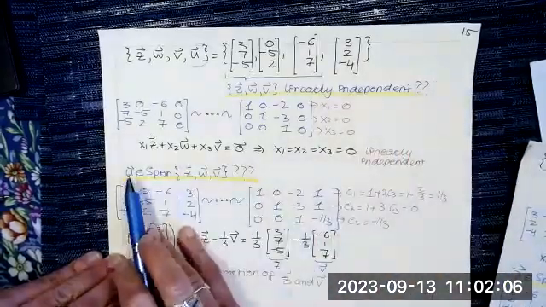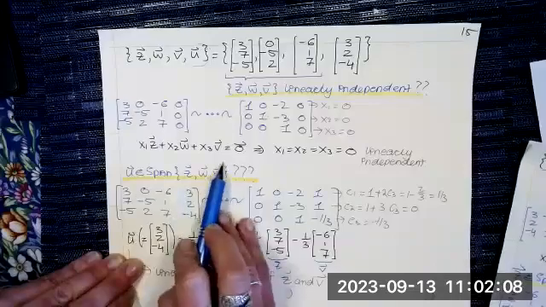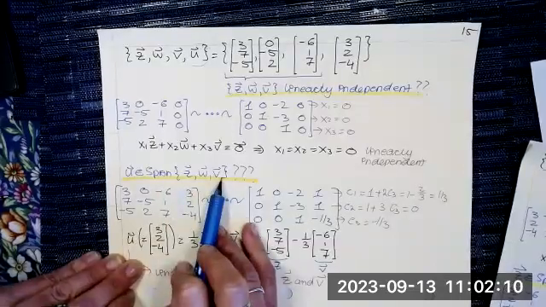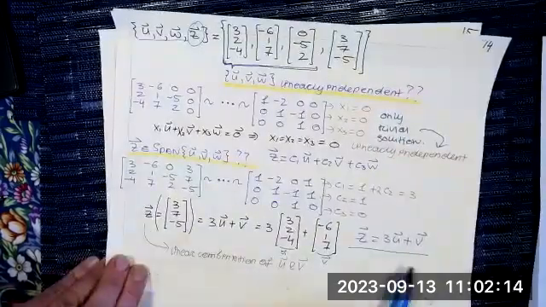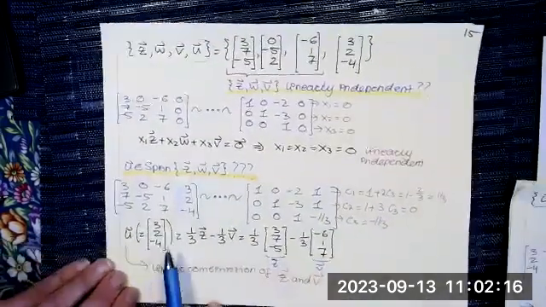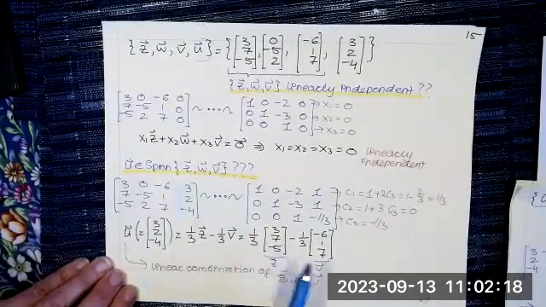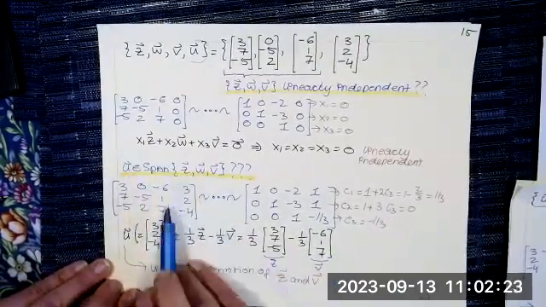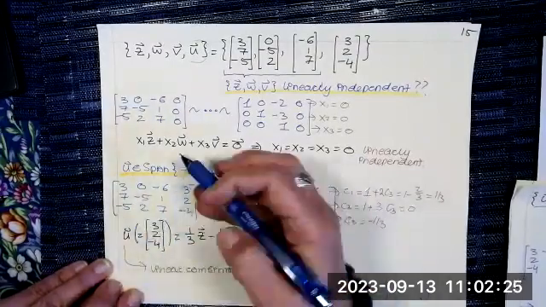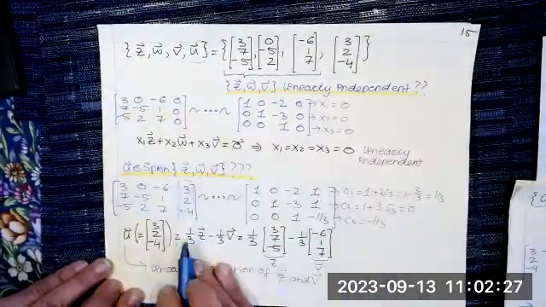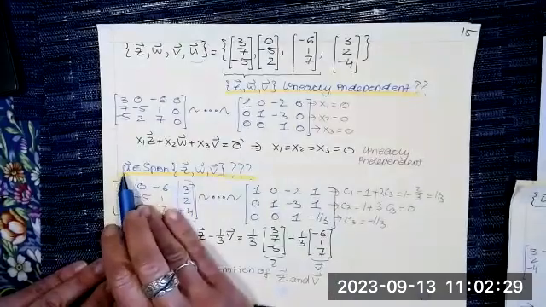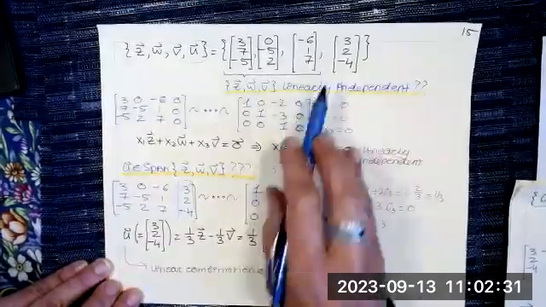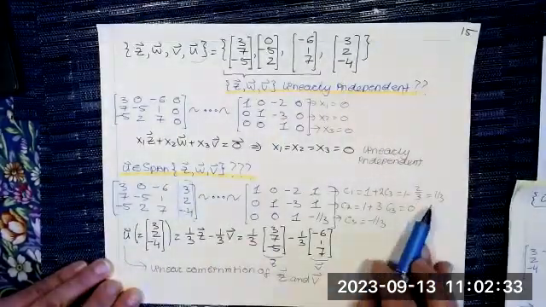That means that U is already in the span of the first three. And just like we did before for Z, we can do this for U, right? We can solve for the constants in the linear combination. So U in the span of Z, W, and V, we can use again our augmented matrix where the augmented column is my vector U, and I can solve for my constants.